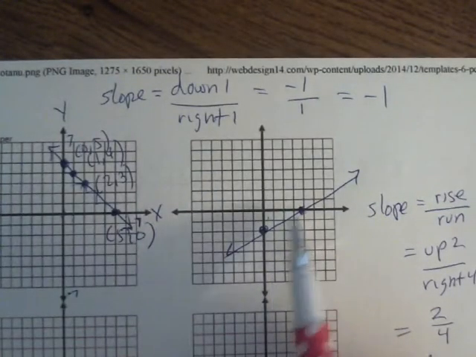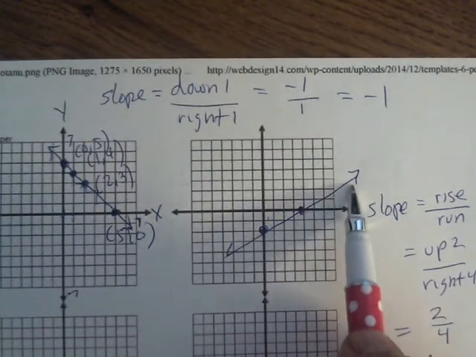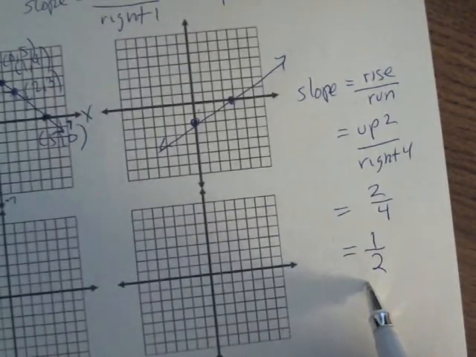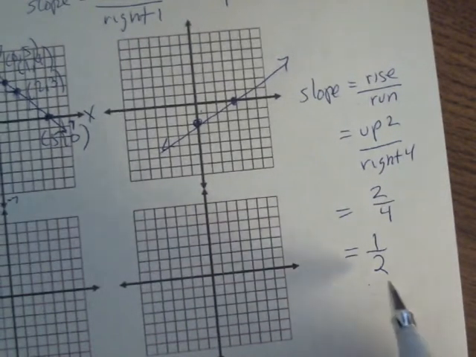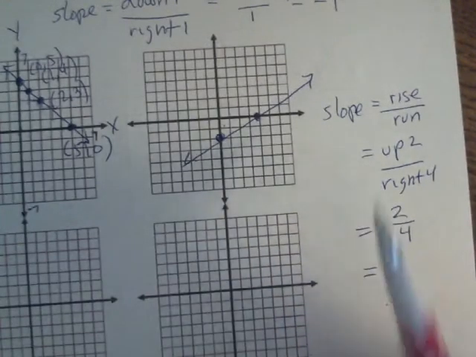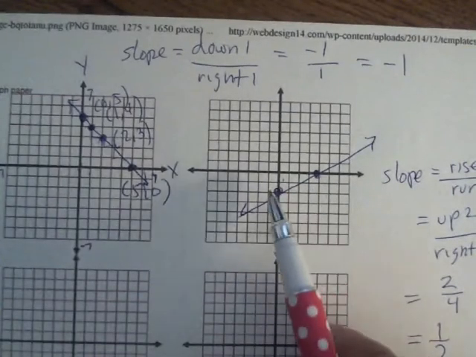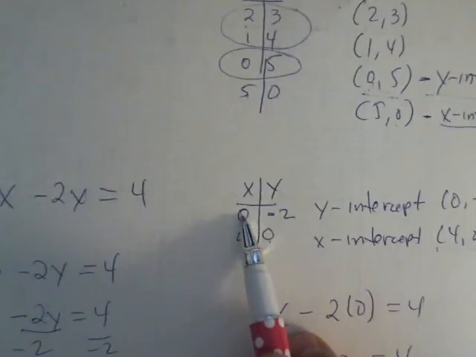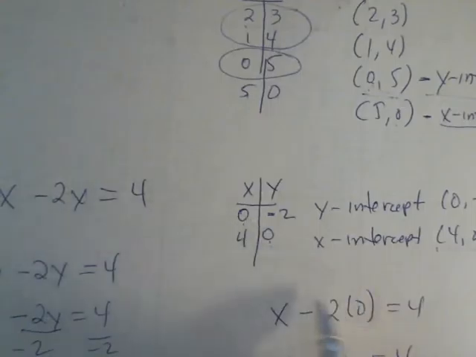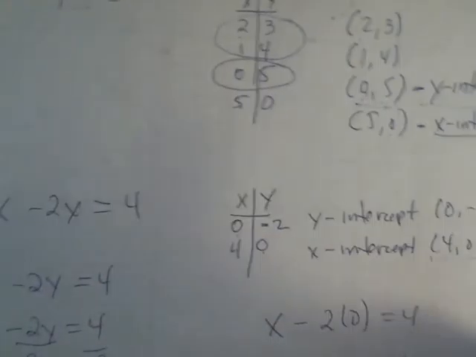And the line is going uphill, and that tells me the slope has to be positive. So that's how you can check yourself. So you've graphed the line, you found the slope. We found it by doing intercepts. That's how you do your intercepts, by letting x be 0 and letting y be 0, solving for the other value, and then plotting the points.